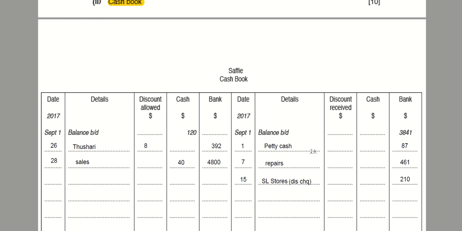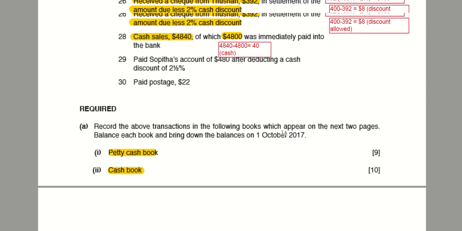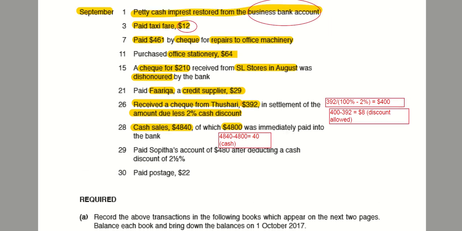Okay, and don't mix it with cash going to the petty cash book, because although it's less than 100 now, we will not do it because we are just putting it immediately in the cash book, the 4,840, and breaking it down into 40 and 4,800.